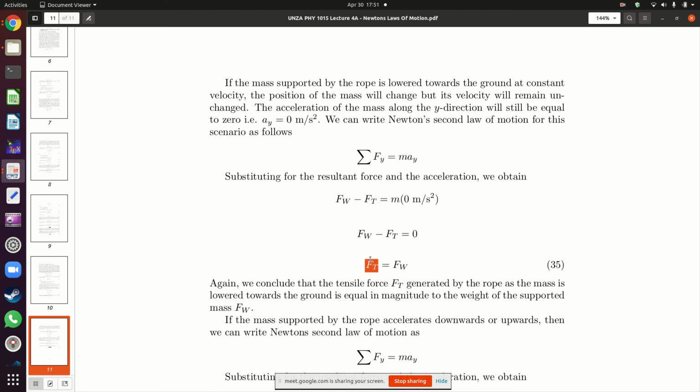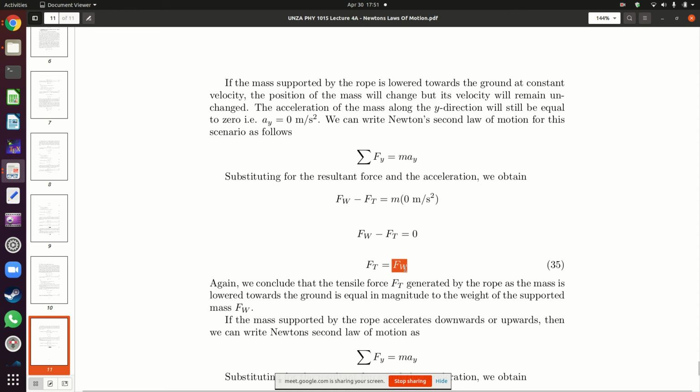But as you have seen, the tensile force is opposite the weight but equal. That is basically an application of Newton's third law of motion. In Newton's third law of motion, we saw that if you've got two things interacting, there's going to be an equal and opposite force. And that's exactly what we have here. So in this case also, the tension in the rope is equal to the weight.